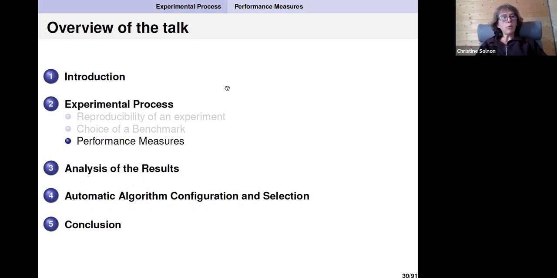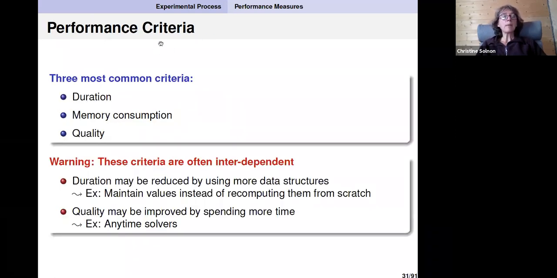So a very important point is to choose our performance criteria. And of course, this performance criteria depends on the question we address in the experiment. We usually have three very classical criteria, which are the duration, the memory consumption, and the quality. And of course, these criteria are interdependent.